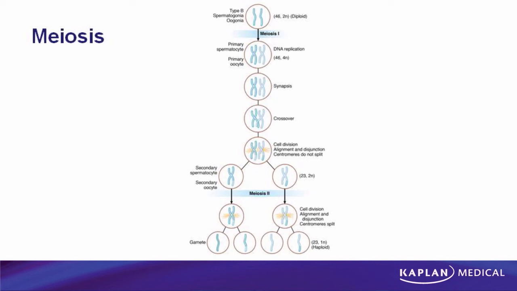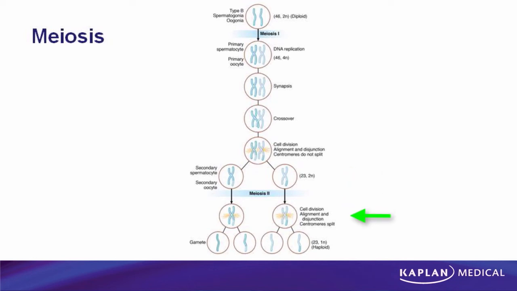So now let's have the circles represent the entire cell, not just the nucleus, and see what happens. What we're looking at on this diagram fundamentally would represent what happens in males. We start off with one primary spermatocyte. When that divides, we end up with two cells, each one having its own nucleus, and those are the secondary spermatocytes.